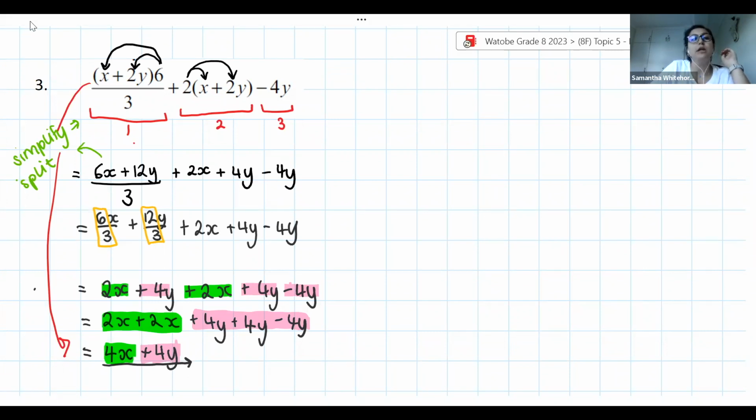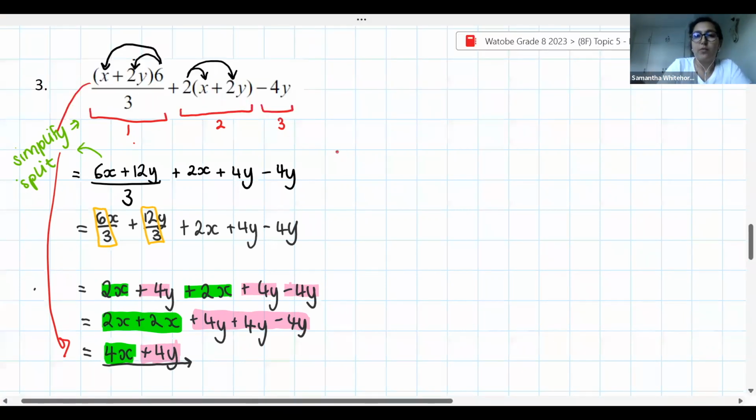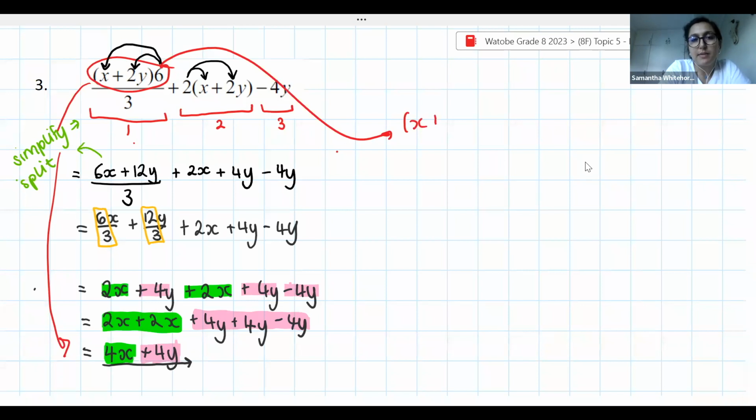Okay, so the reason I'm putting the 6 in front of the x, if we just look at what that part is telling me. If I take this bit of my numerator and have a look at what it's saying, it is saying x plus 2y times 6. So I need to times the 6 with the x, and I need to times the 6 with the 2y.